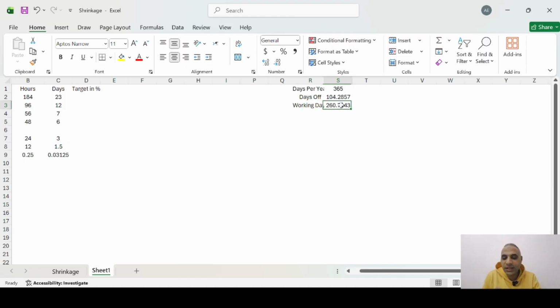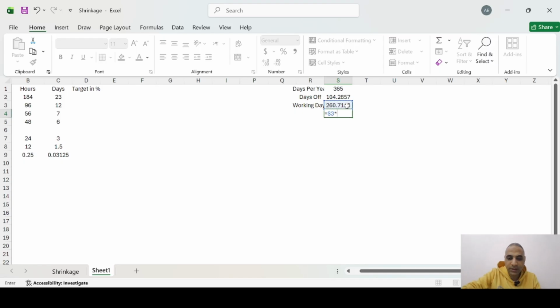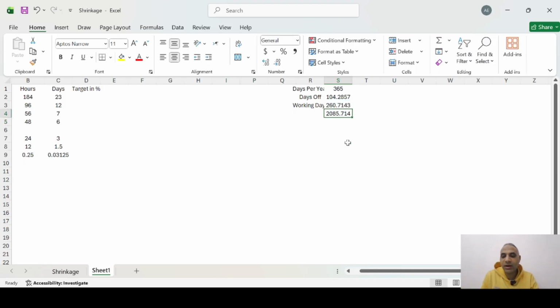Let's convert these days into hours. We will do the 261 multiplied by 8. So we have like 2088 hours per year. So those are working hours per year.